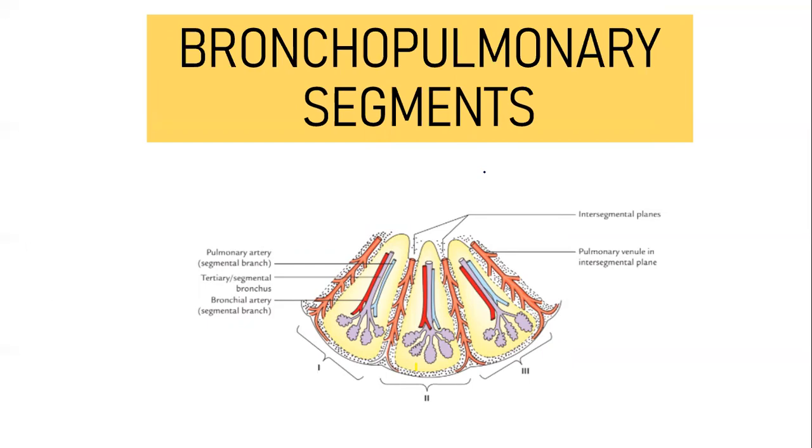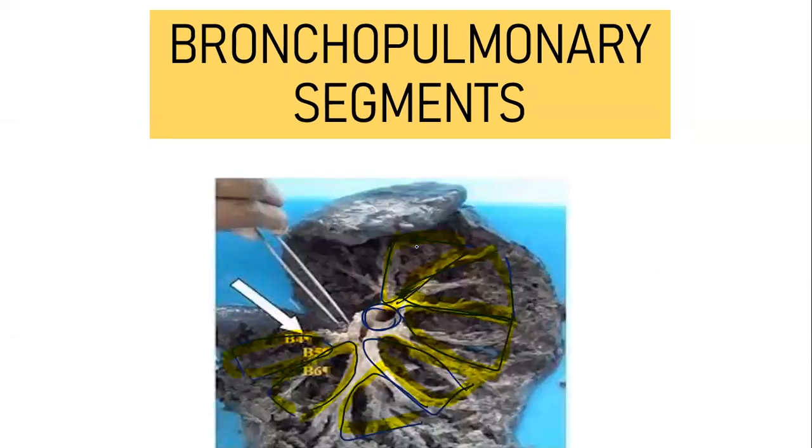Now, suppose there is a tumor in the right lobe of the lung. Suppose it is confined to a portion of the lobe. Let us assume this to be the right lung, superior lobe.